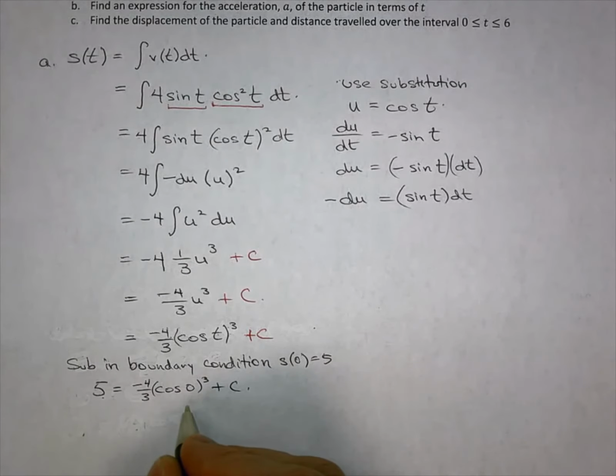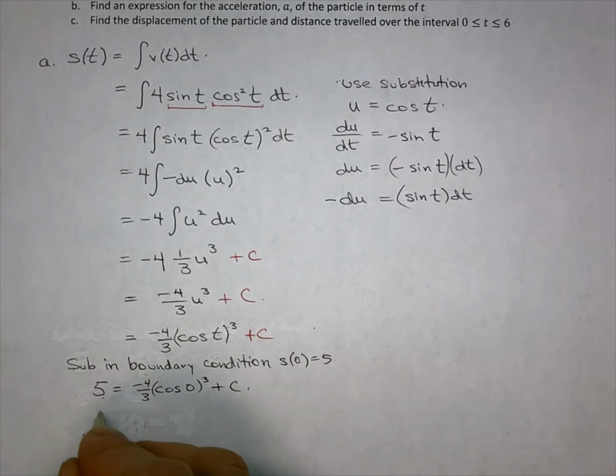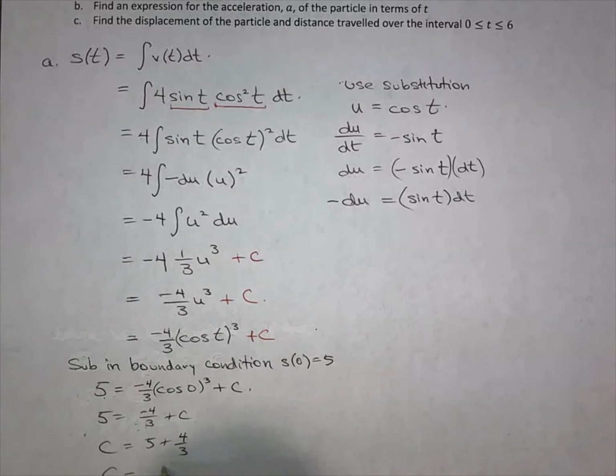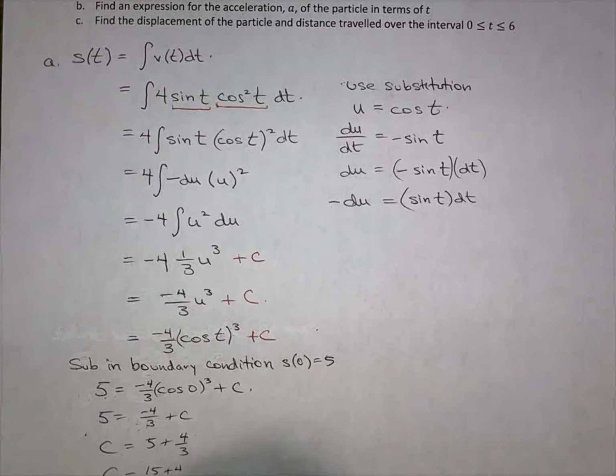Cos 0 is 1, so 5 is equal to negative 4 over 3 plus c. So c is equal to 5 plus 4 over 3. 5 over 1 is 15 over 3, plus 4 over 3. That gives me 19 over 3.